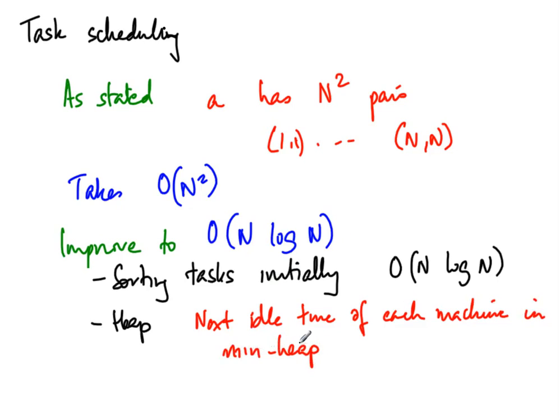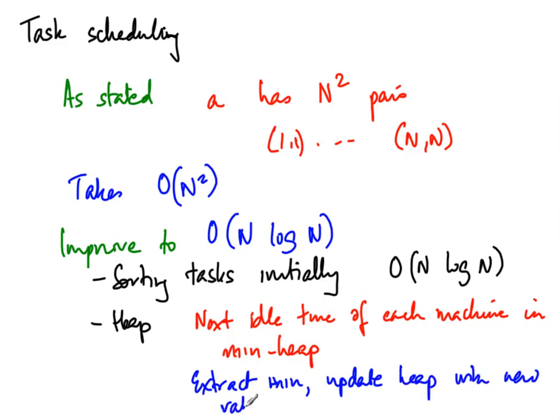So what you do is that you extract the minimum and you update the heap with a new value, right? And now this takes time log n for each job. So you multiply it by n jobs, and so you can do the allocation of the n jobs in time n log n. So you can do the initial sorting in n log n, you can also do the allocation in n log n.